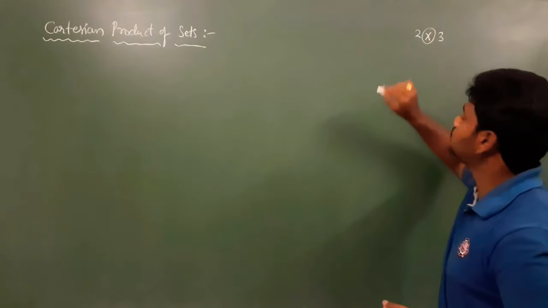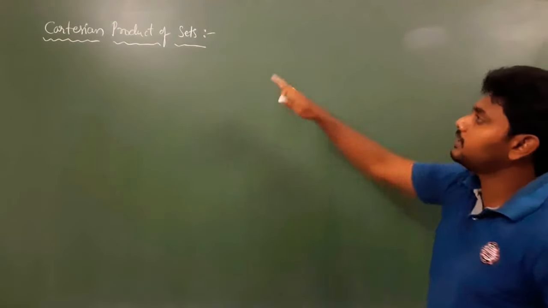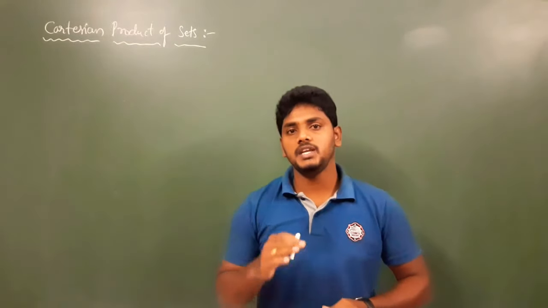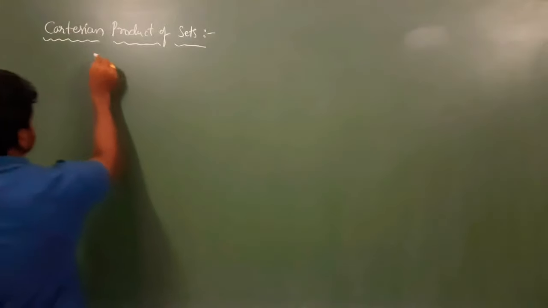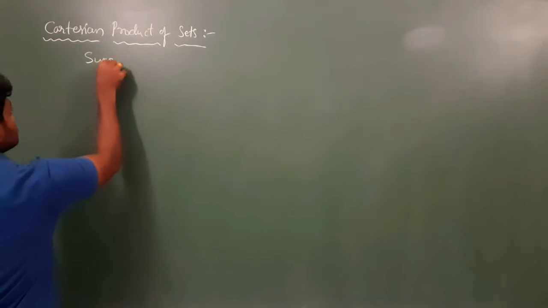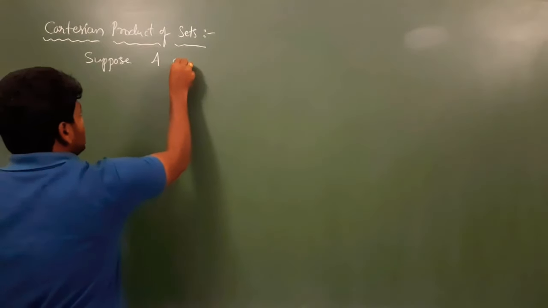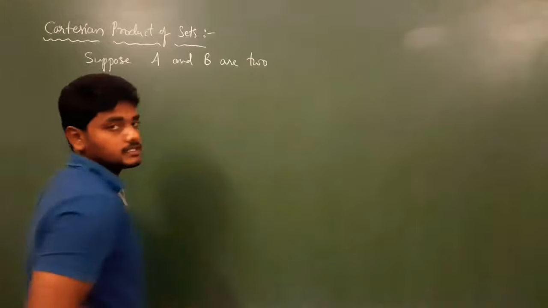This symbol we will use now for a product. Like that, here it is the Cartesian product of sets. What is a set? That set may be {a, b}, {c, d}, like that. For example, suppose capital A and capital B are two non-empty sets.